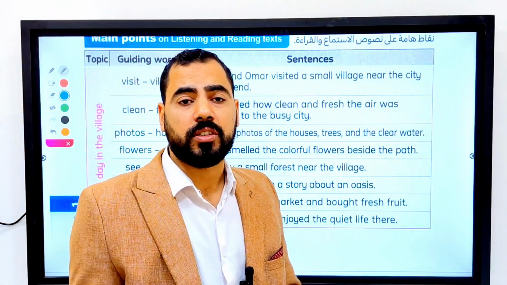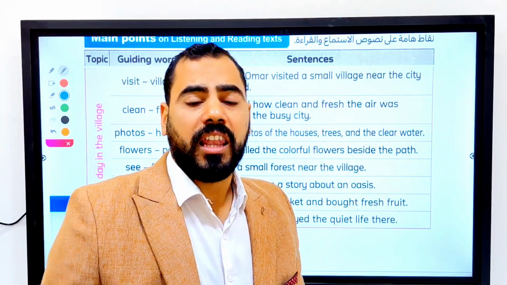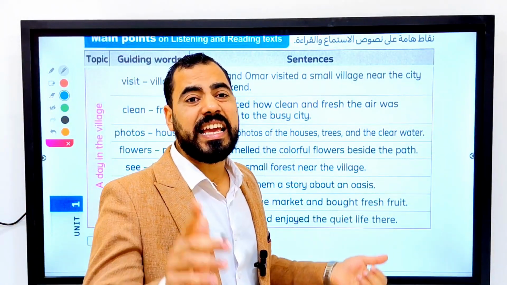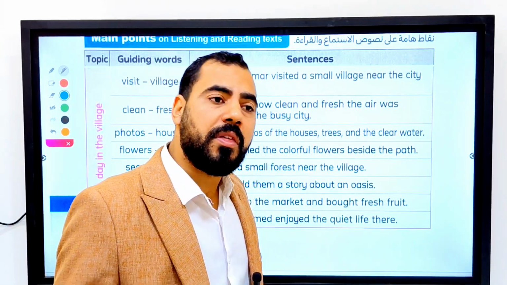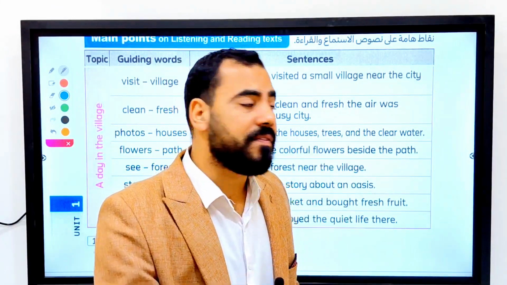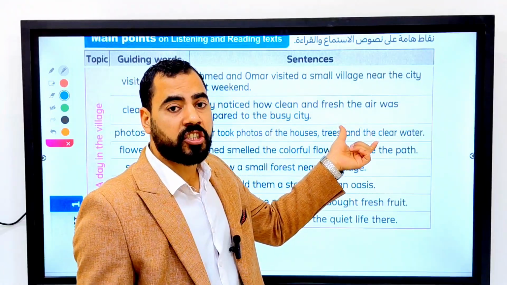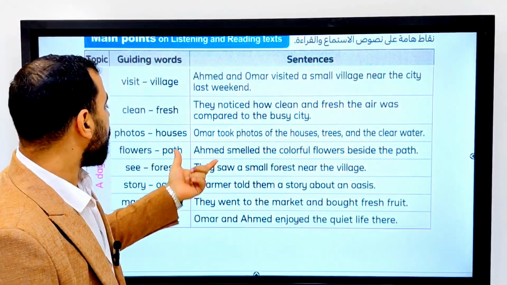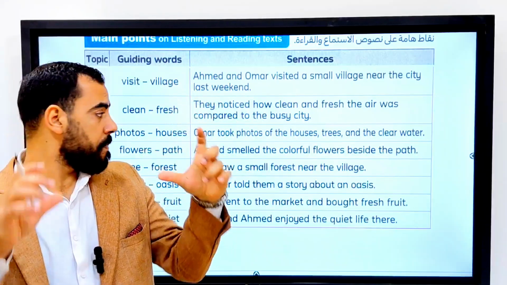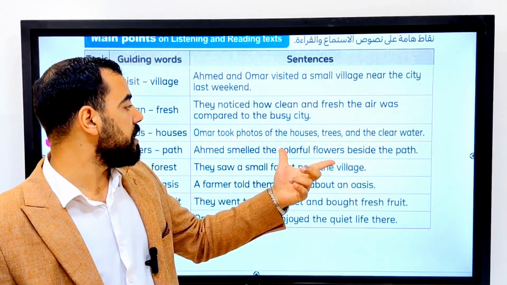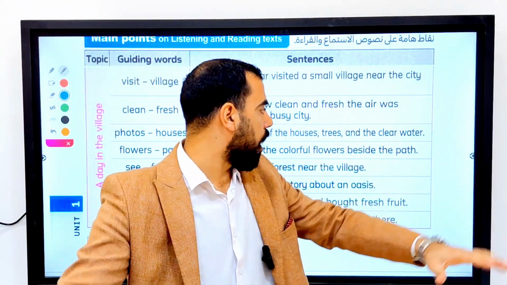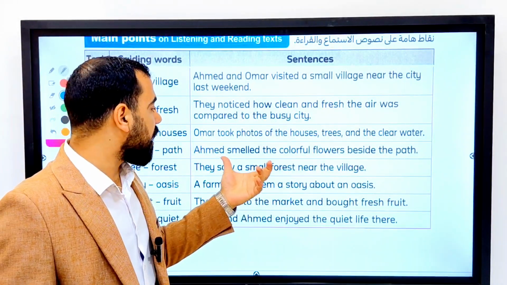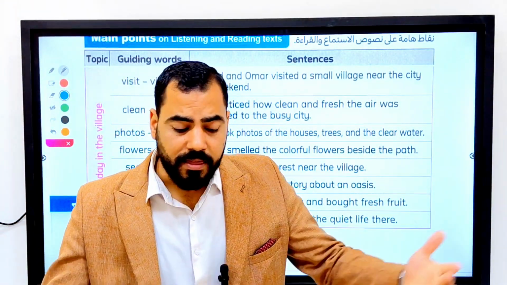So cities have a lot of cars, a lot of factories and a lot of people. So the air in the city isn't clean or fresh. But the air in the countryside, the air in the village is clean and fresh when you compare it to the busy city. Omar took photos of houses, trees, and the clear water. Ahmed smelled the colorful flowers beside the path.